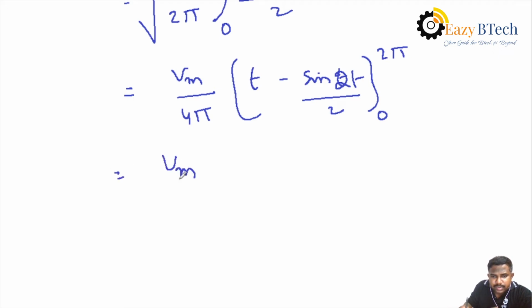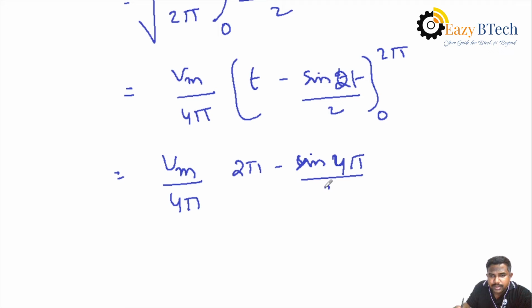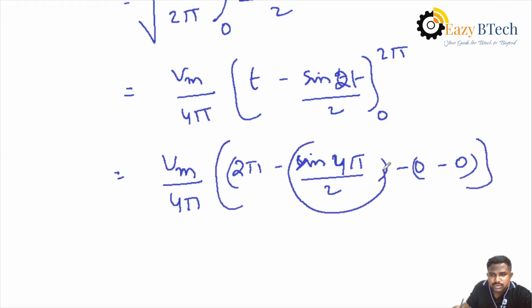Hence Vm by 4 pi, apply the limits: sine 2 into 2 pi, that is sine 4 pi by 2, minus, and 0 minus sine 0, that is 0.